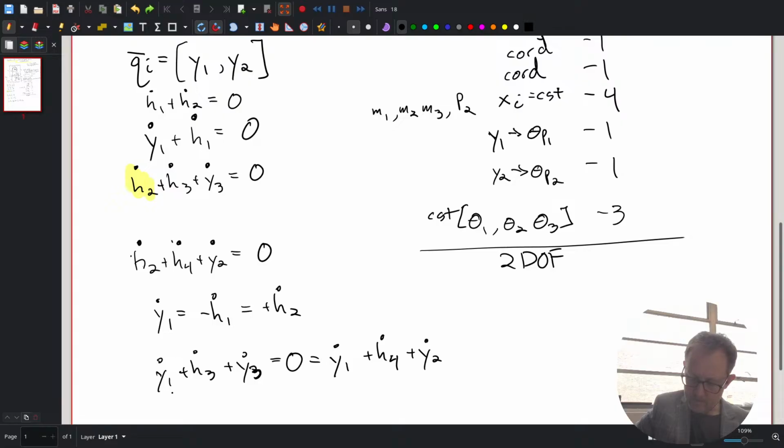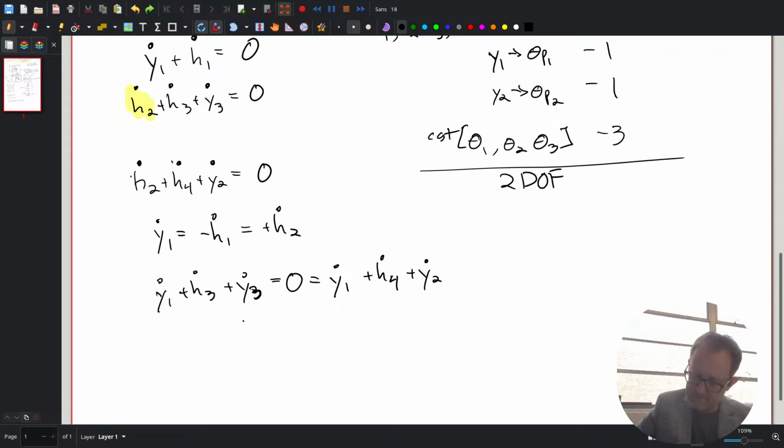So Y1 dot plus H3 dot plus Y3 dot is 0. Y1 dot plus H4 dot plus Y2 dot is 0. So those are equal to each other. So Y1 dot plus Y3 dot equals... we can get rid of that one.